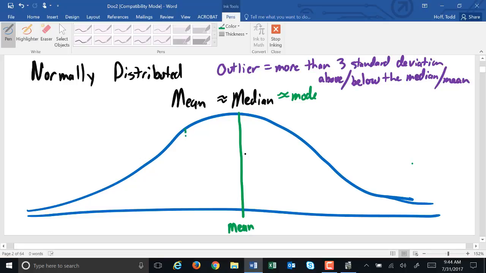Well, we go out in steps. Here's 1 standard deviation. I'm going to mark that as -1 standard deviation. That's 1 standard deviation below the mean. I can go again. That'd be -2 standard deviations. That's another standard deviation below the value where I had 1 standard deviation. Then I can go down another step. That would be now -3 standard deviations.